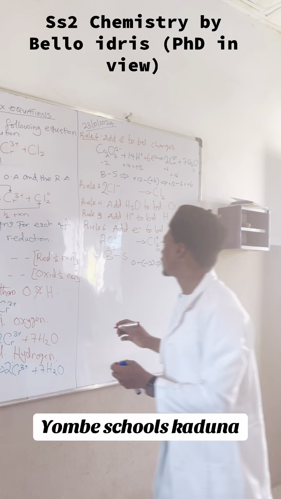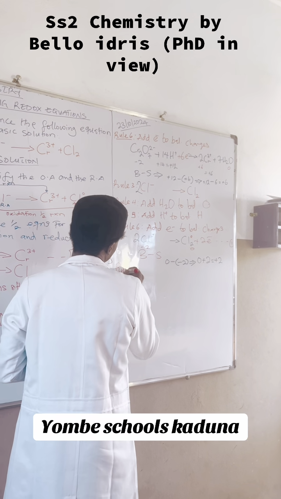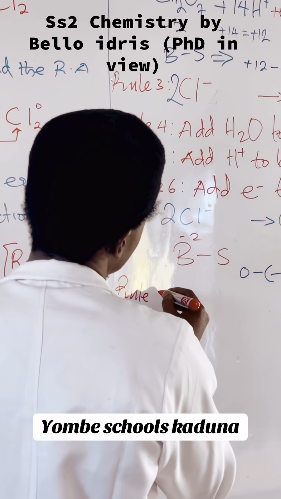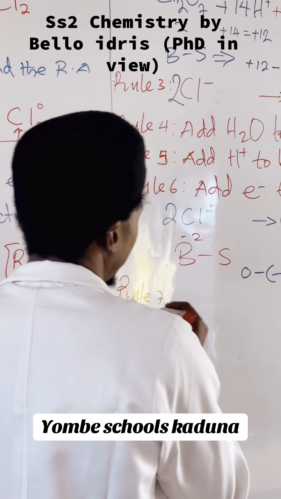Rule number 7. Add the 2 half reactions, cancelling out stuff that appear on both sides of the arrow.